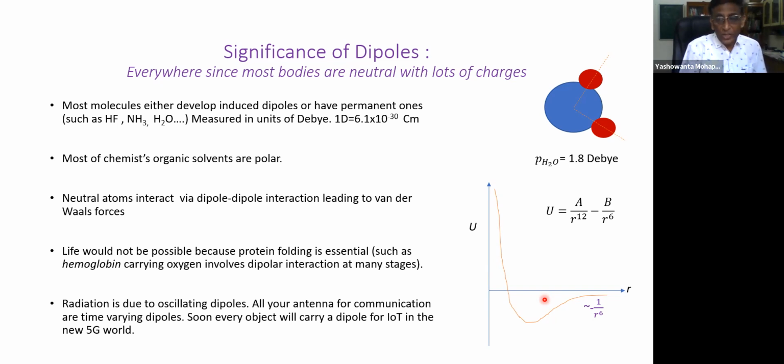And that gives rise to this R to the power 12, which is repulsive and positive. So at a very short distance they are repulsive, and at a very long distance they are attractive. Because of that, there can be a minimum, and a dipole can get stabilized here. Around it, dipoles normally oscillate with temperature.